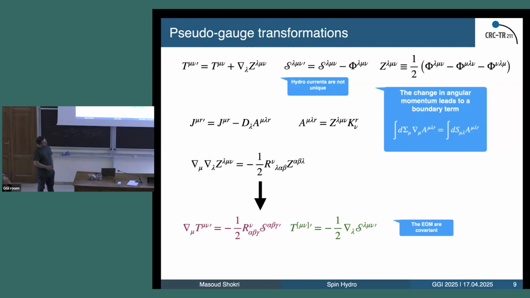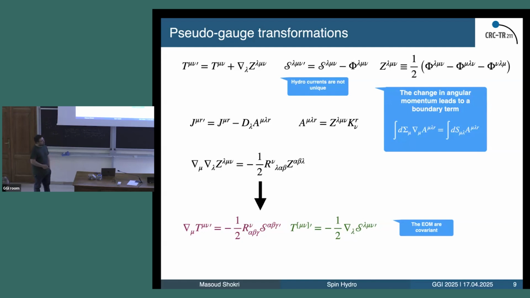But it's anti-symmetric in lambda and mu. I mean, you need to use the Bianchi identity and then give it back to Z, and then you end up with this equation.